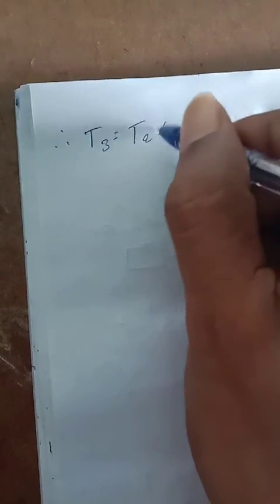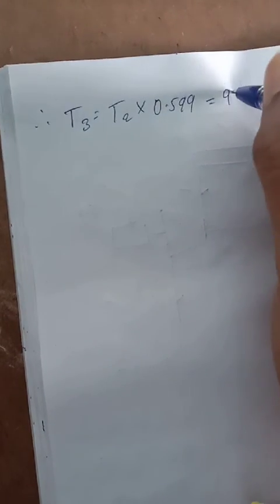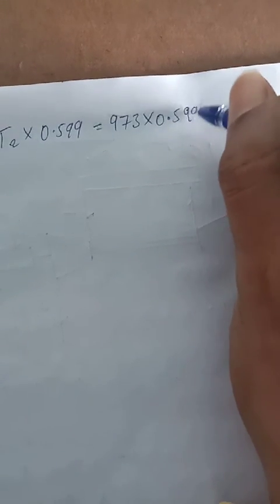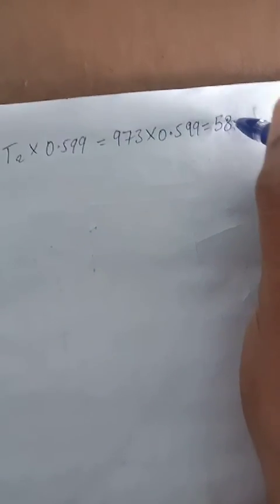Therefore T3 is equal to T2 into 0.599, that is 973 into 0.599, which is 583 kelvins.